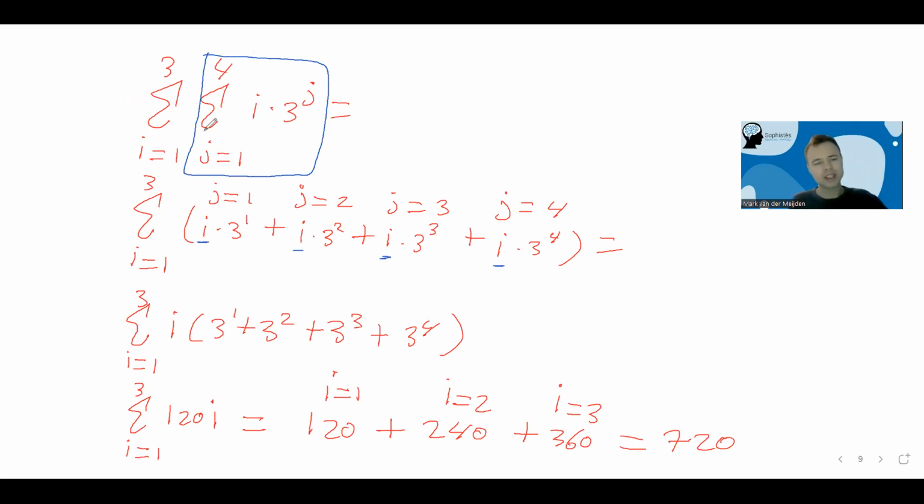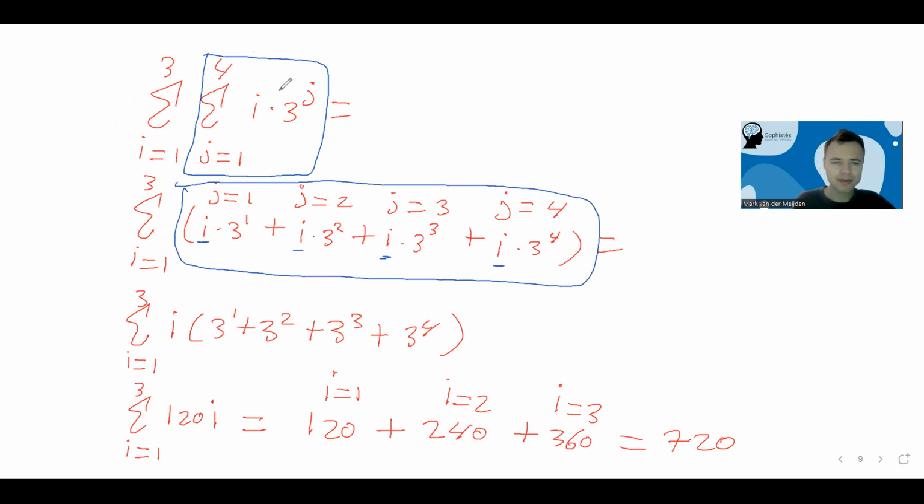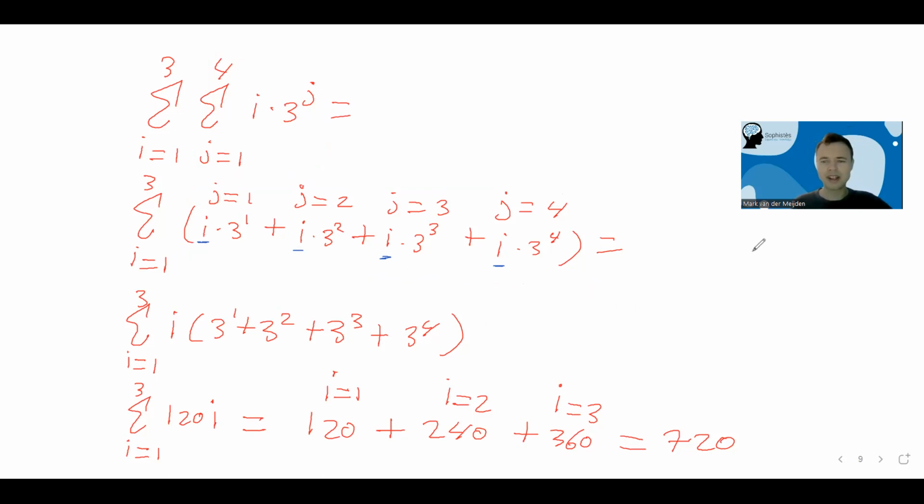We just copied the summation here on the left, and then we solved the summation on the right like we always would do. Do you see what I did here? Okay. Any other questions? No.